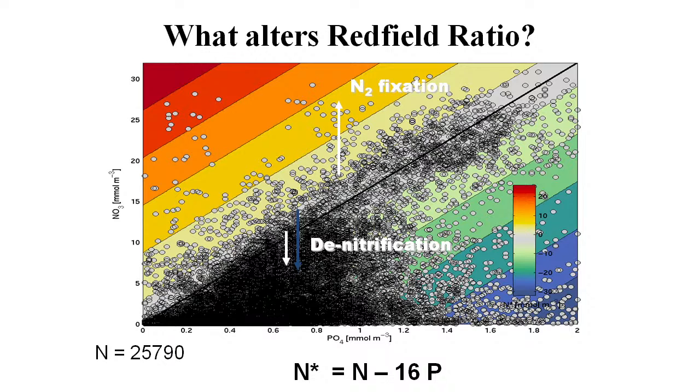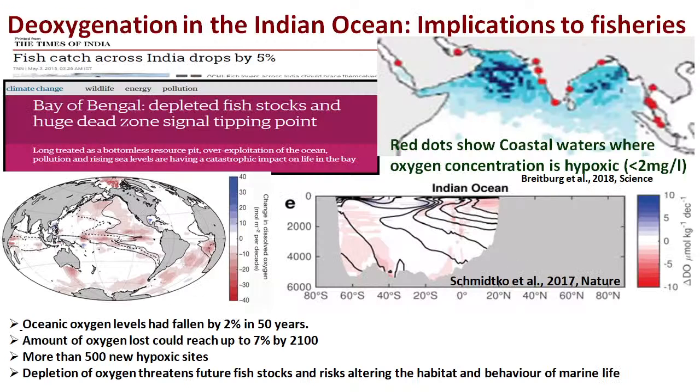But the major chunk comes from the denitrification where we are losing N and not P, so the N:P ratio is skewed. We can also define a parameter called N star, which is N minus 16P, which will give you an idea about the nitrogen deficit in the ocean. And it is very helpful to estimate which zone is denitrifying and which zone is N2 fixing.